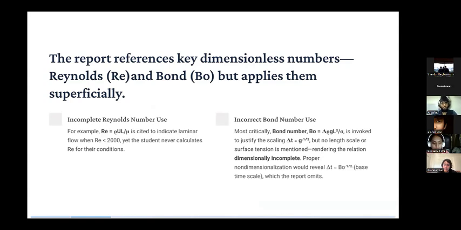Also, the Bond number is usually delta rho g L squared by gamma, but she uses it to justify some scaling, saying delta t is proportional to g to the power minus 1 by 2, without mentioning what the length scale or surface tension is, which leaves her usage of the Bond number dimensionally incomplete. After actual non-dimensionalization, we would get that delta t is roughly Bond times g to the power minus 1 by 2, which is the base time scale, and that's what the report omits.